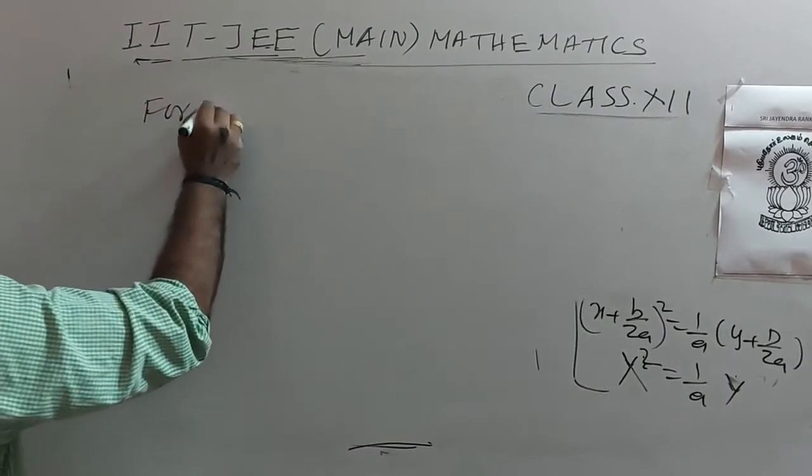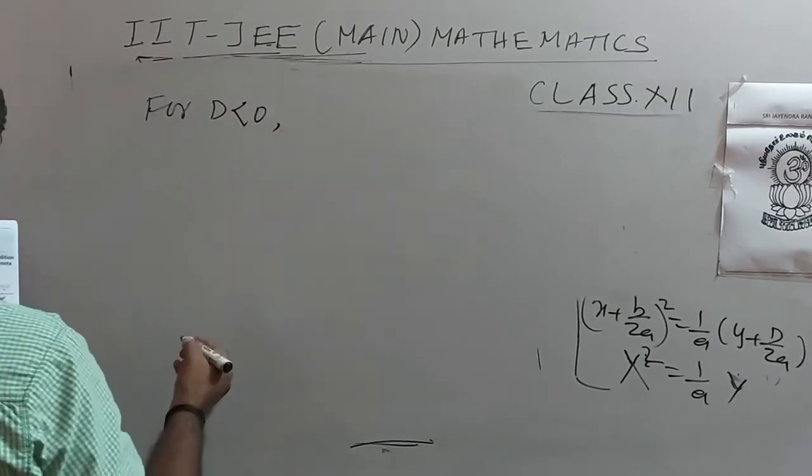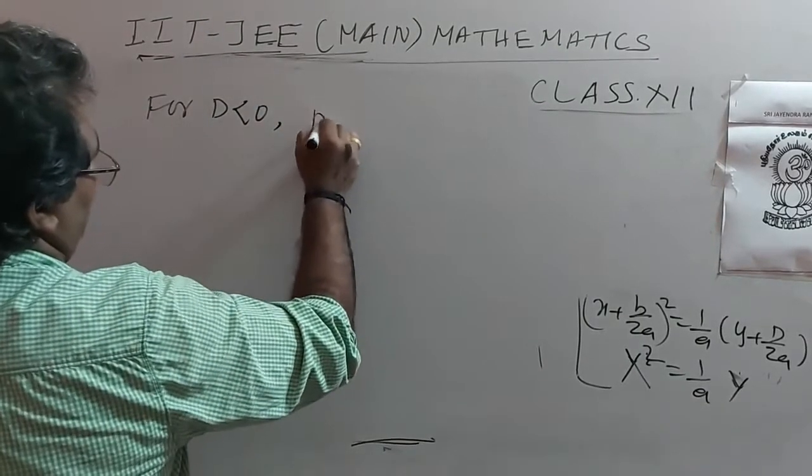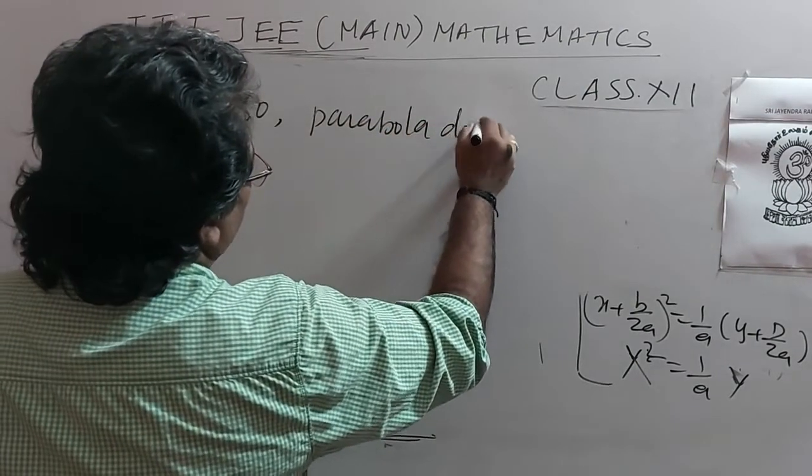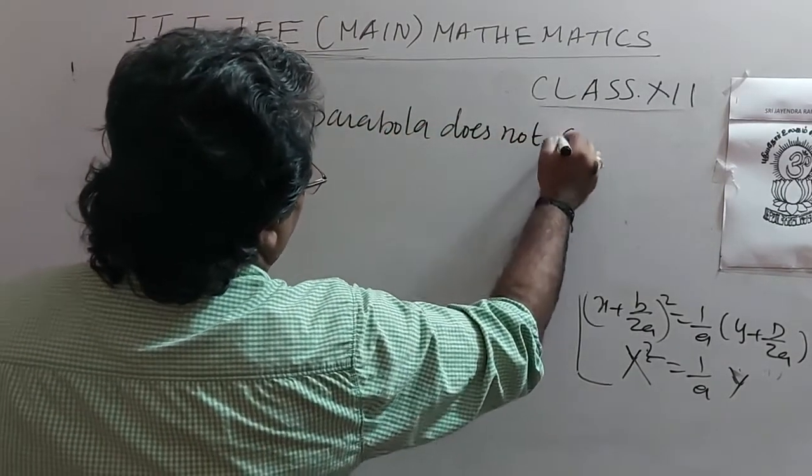For d less than 0, the parabola does not cut the x-axis.